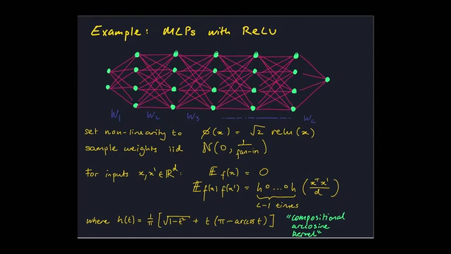But the other question was, what precisely is the weight initialization, and how does it scale with the width? So I think I have a concrete example of this result in action. Let's just go through it briefly. This is the instantiation of the result for an MLP with a ReLU nonlinearity.